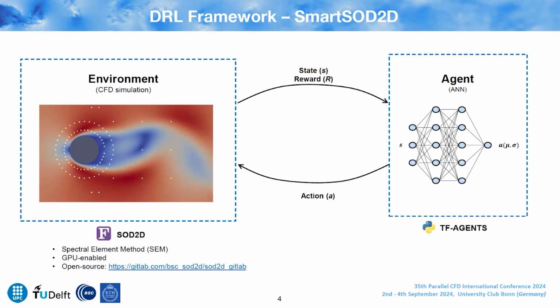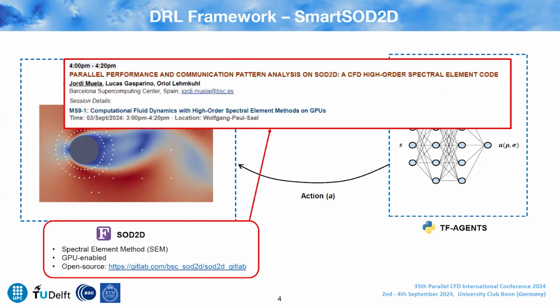So yeah, the most time-consuming part is the collection of experiences. So using a very fast solver that uses GPU accelerators is a good thing for this framework. If you are more interested in this code, I invite you to go this afternoon to the talk by my colleague Jordi Muela, who will talk about the scalability and performance of such a deep.